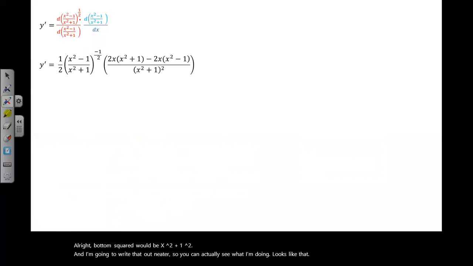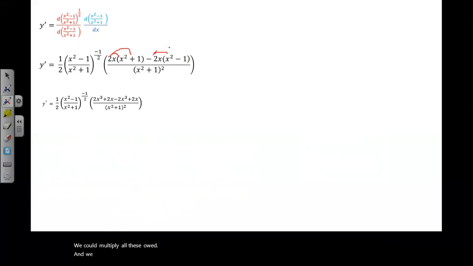So we said 1/2 a to the negative 1/2, and a stood for this. This rule was the quotient rule, derivative of top times bottom minus top, derivative of bottom, over bottom squared. Now what can we do to simplify this one? We could multiply all these out, and we generally do that with the tops of quotient rules.